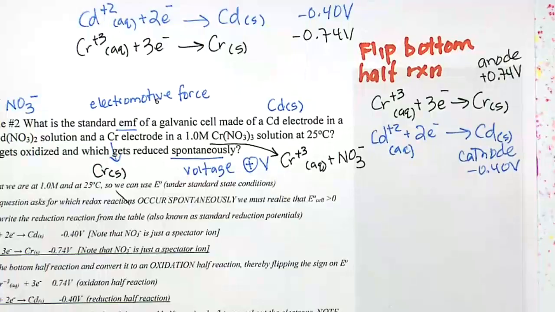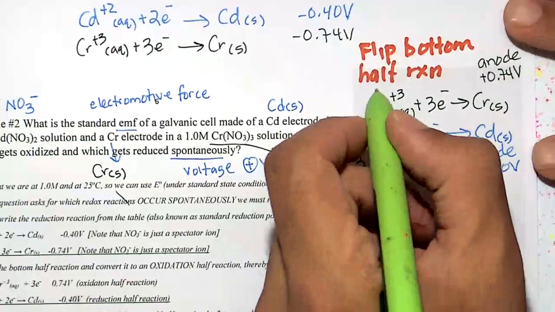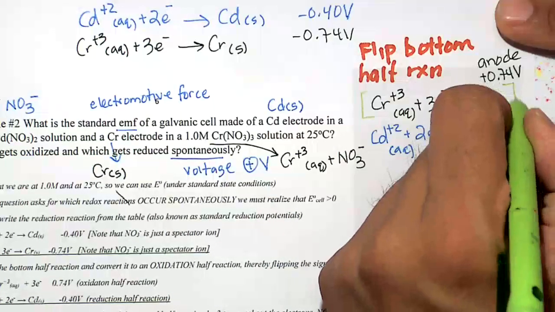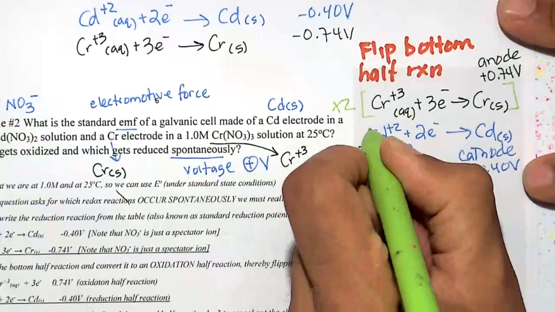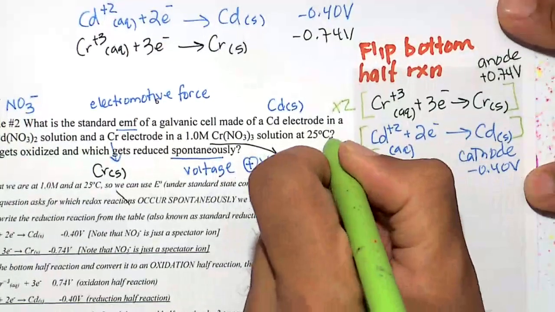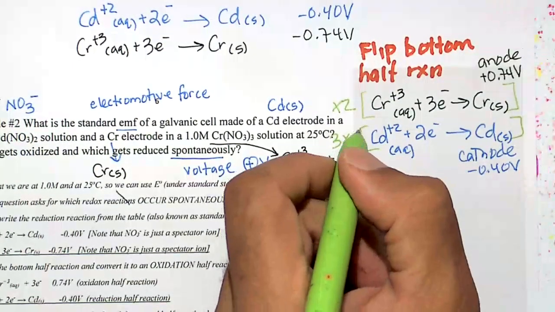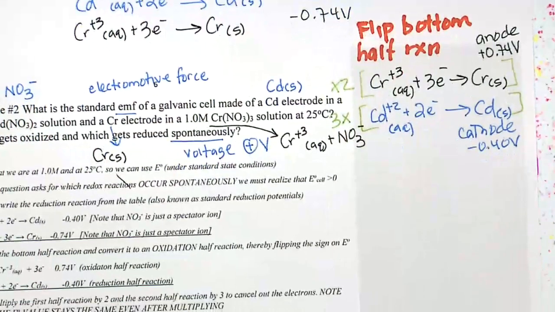So we're going to cancel out the electrons now. In order to cancel out the electrons, what do we need to do? I'm going to multiply the top reaction by 2. And what will I multiply the bottom reaction by? 3. So this is a 6 electron transfer reaction.